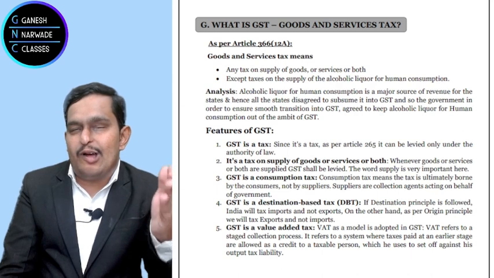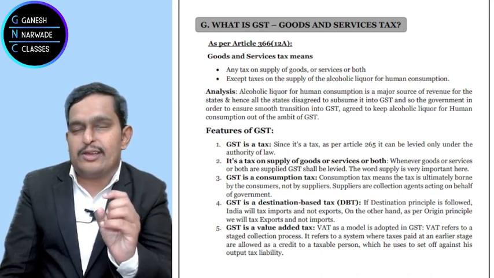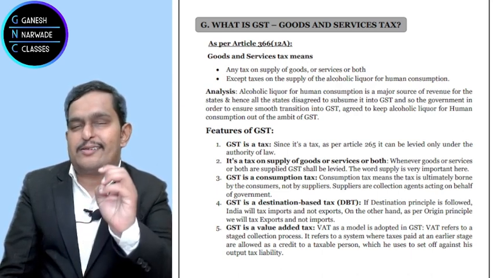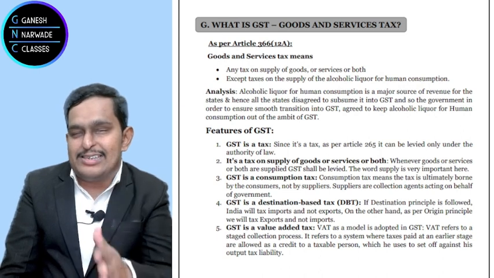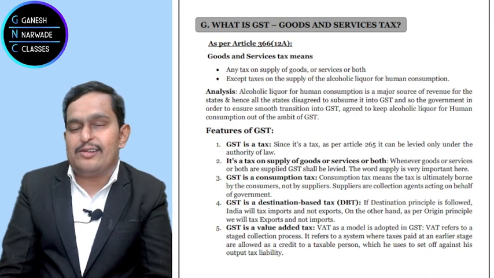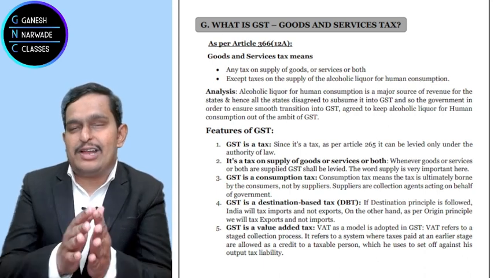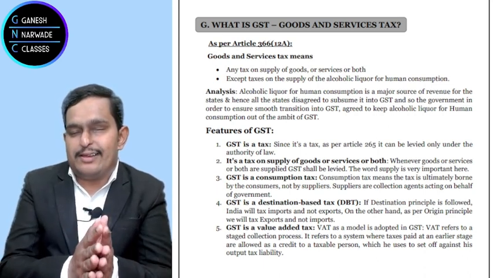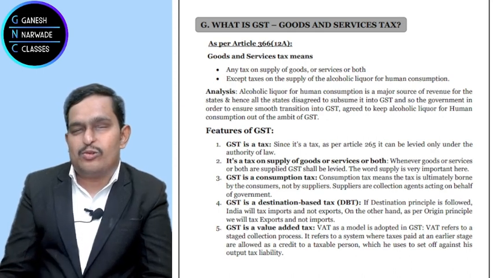This way, only on the value addition, the respective dealer is paying tax to the government. And ultimately, the burden is shifted to the consumer. This you should understand. With this, we understood what GST is and its features too.